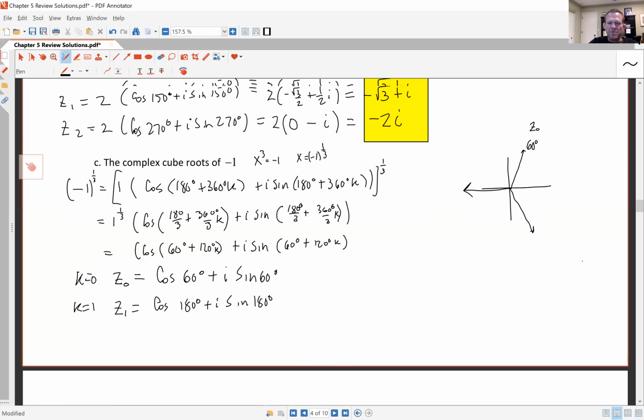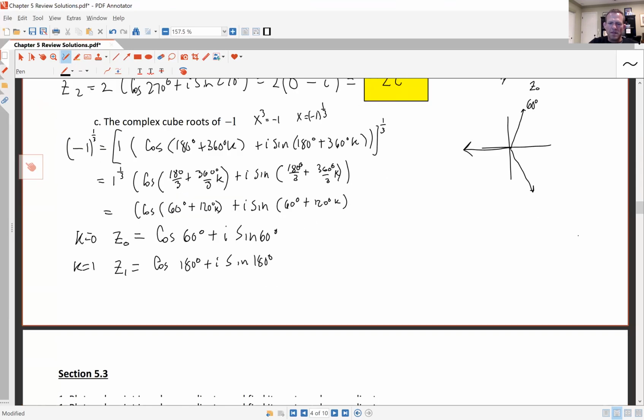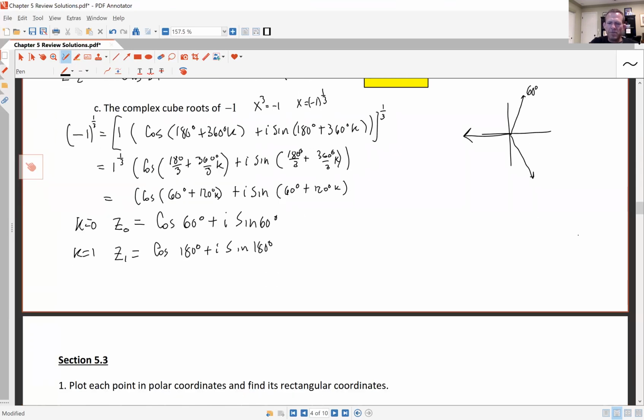So I like to compare the two pictures with each other. They look very much the same, just rotated. So the last one we said was 180 plus 120, which is 300 degrees. And that's the third cube root of -1.